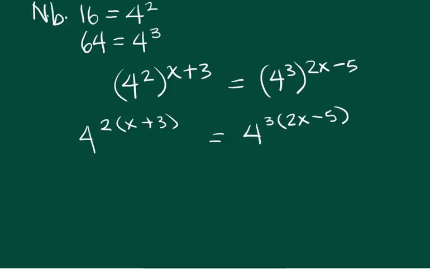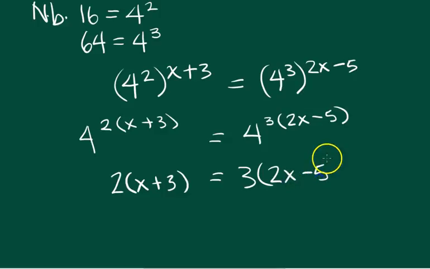So, in order for this to be true, it must be true that 2 times x plus 3 is equal to 3 times 2x minus 5. So 2x plus 6 is equal to 6x minus 15.